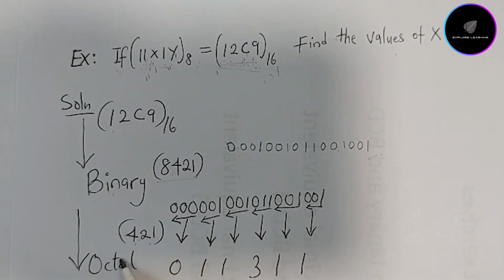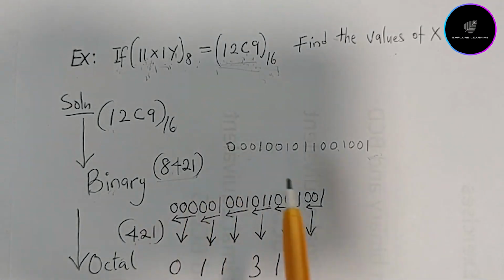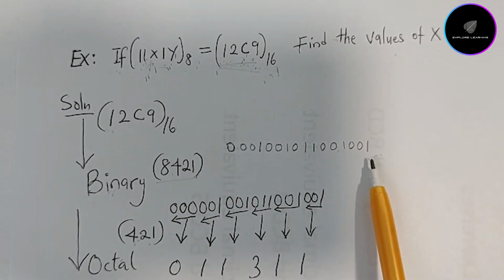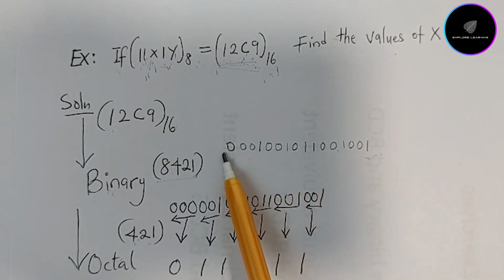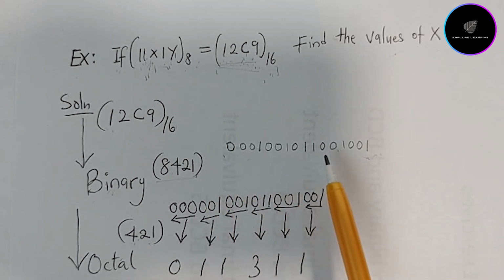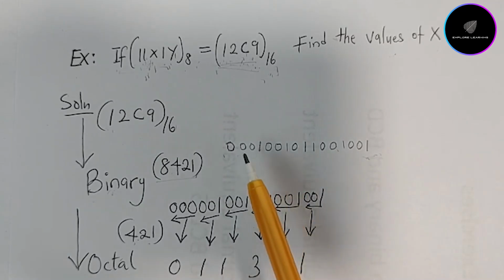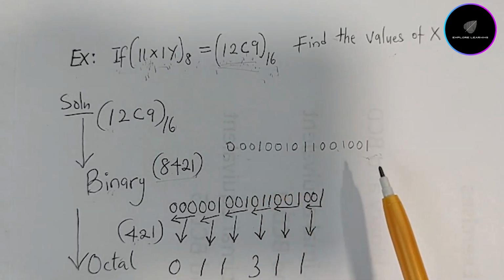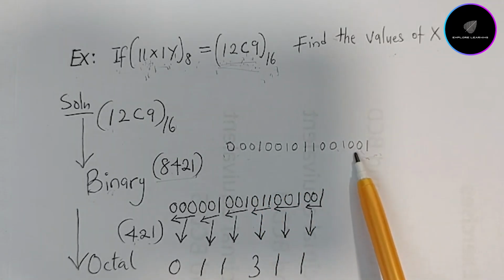So we need to perform what we call grouping and padding. Since we don't have a decimal point in this value, we need to start grouping from right to left. And if there is any group that doesn't have a complete 3 values, we need to introduce padding.